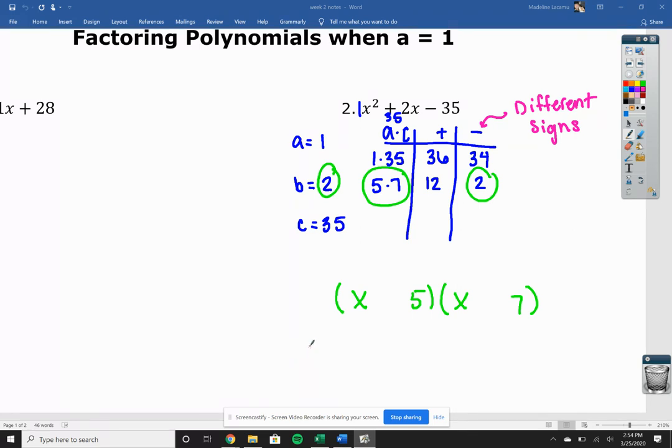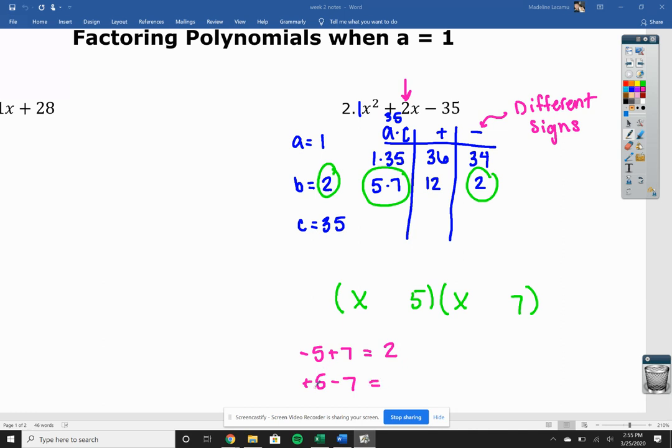So I'm going to try both ways. It can either be negative 5 plus 7 or positive 5 minus 7. And at the end, we want it to be this number here, so it needs to be a positive 2. So negative 5 plus 7, that's going to give us the positive 2.